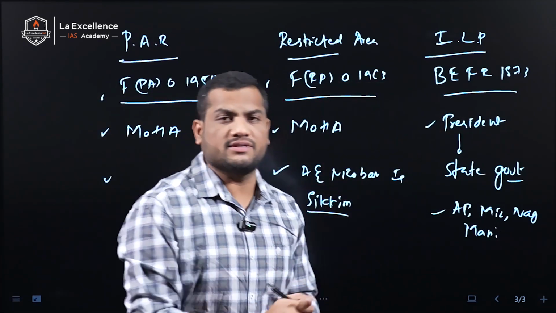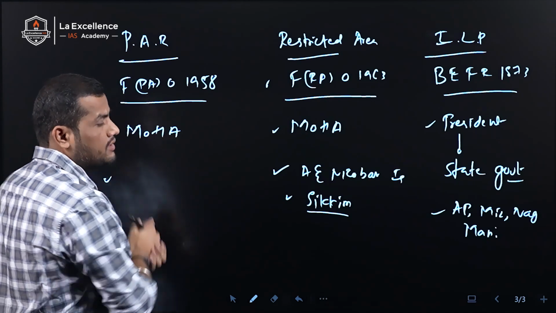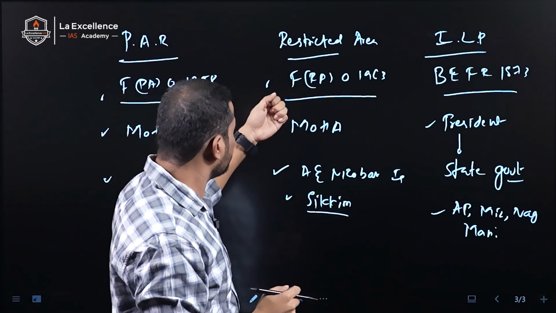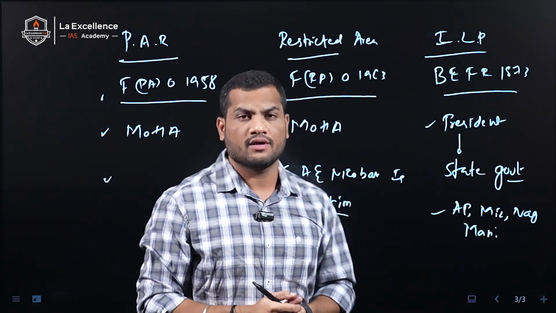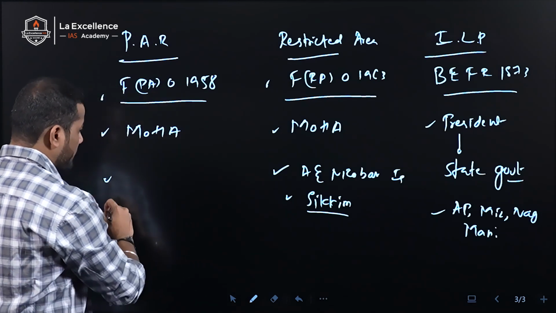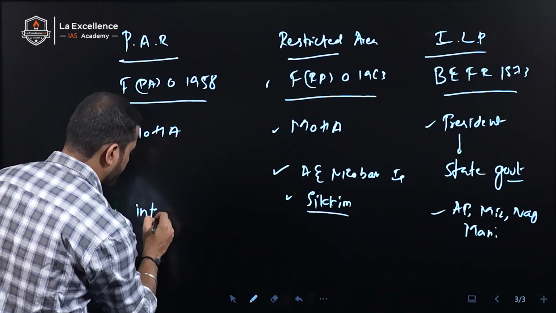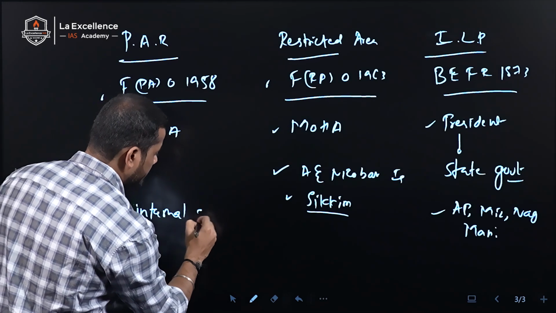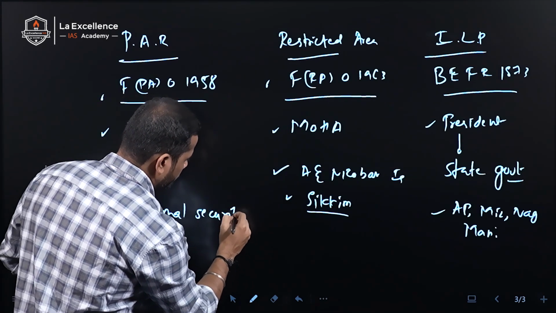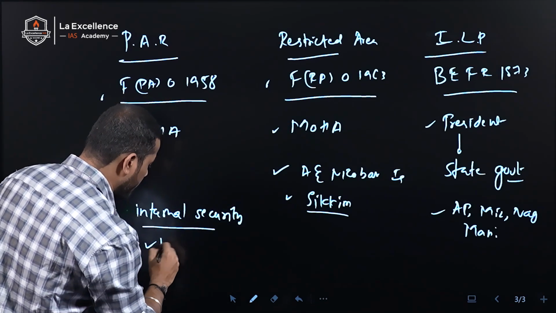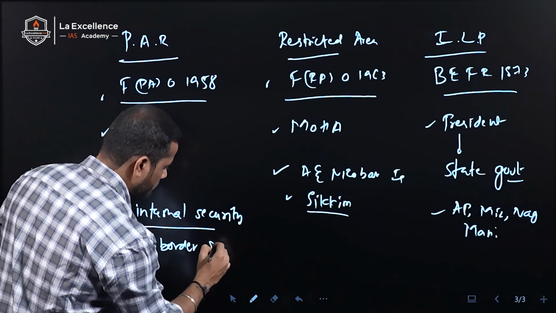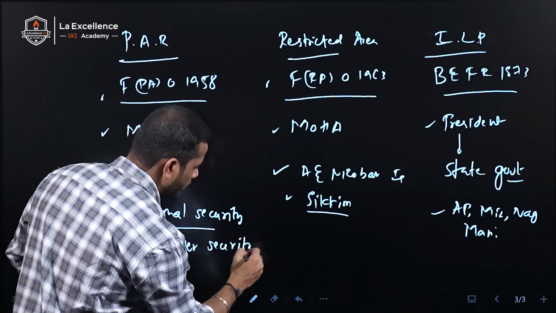But what was the purpose for the protected area regime, restricted area and inner line permit? For the protected area network, the main reason is to protect internal security or border security.